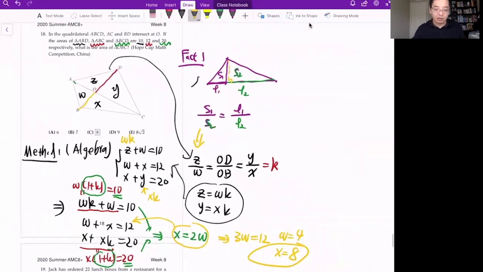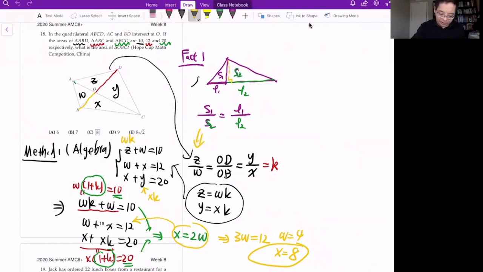So the first method, as I said, is we use algebra, which is sort of robust, right? We put in unknowns and we set up equations. At first we say, oh, there are only three equations, but there are four unknowns. Well, then we try to utilize geometry to add one more equation to solve the problem.